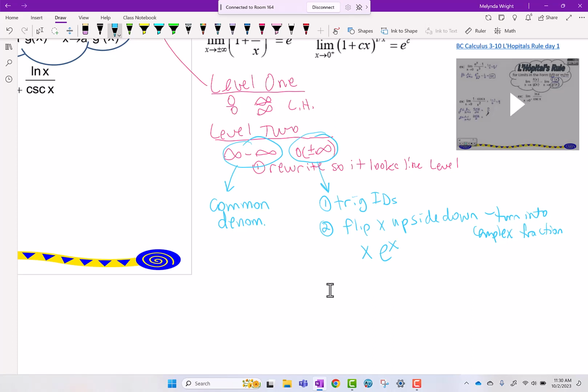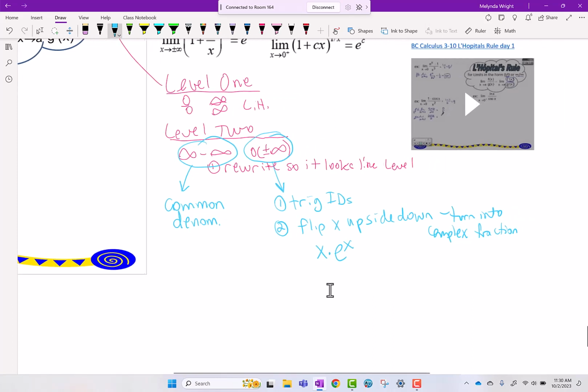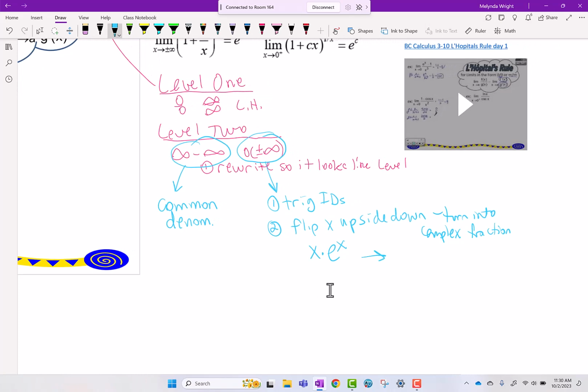What I would do is take that x and rewrite it so that it would be e to the x over 1 over x. See how I took the x and flipped it upside down to make it improper? So many times that technique, and again, I made up the limit, so this isn't one of these, but that technique would help us get a level 2 into a level 1.